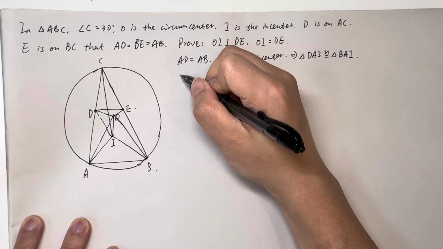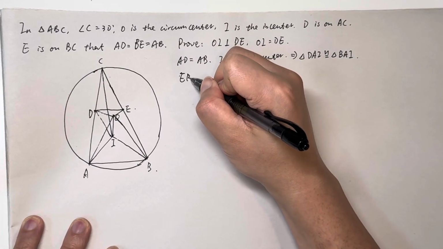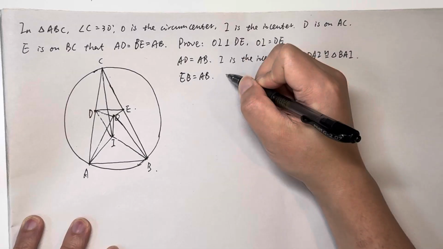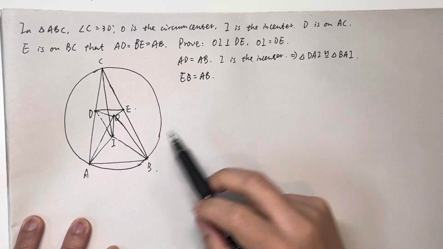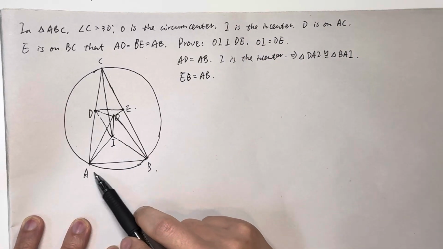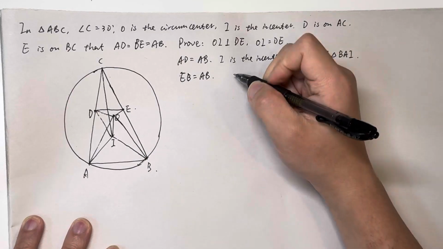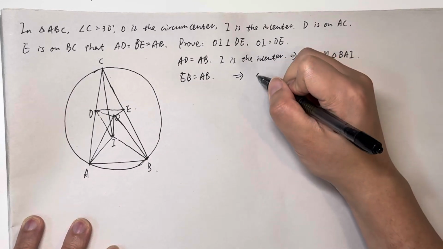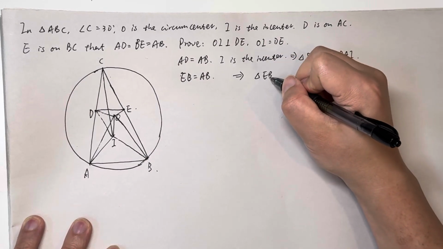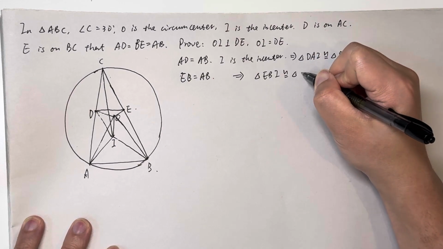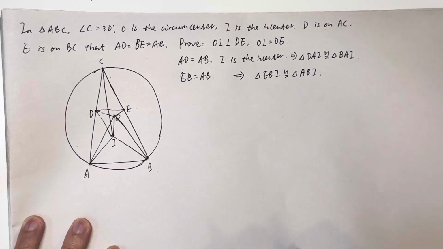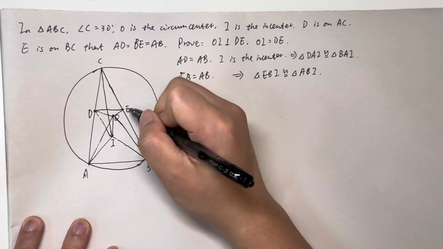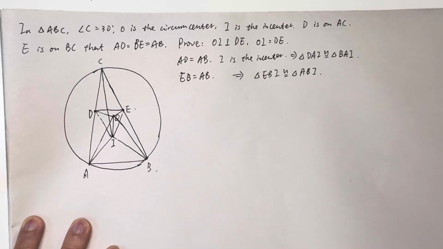Similarly, we know that EB equals AB, and I is the incenter, which means BI is the angle bisector of angle ABE. So we know that triangle EBI is congruent to triangle ABI, right? Forces us to connect EI here.